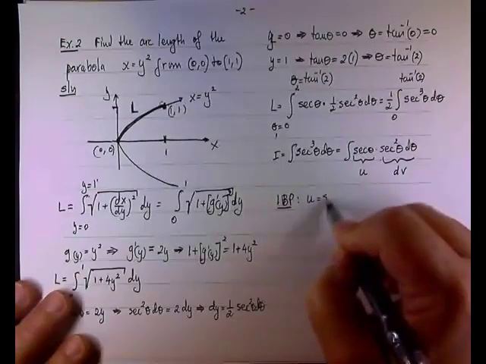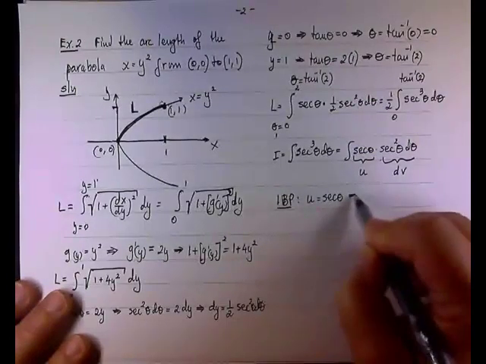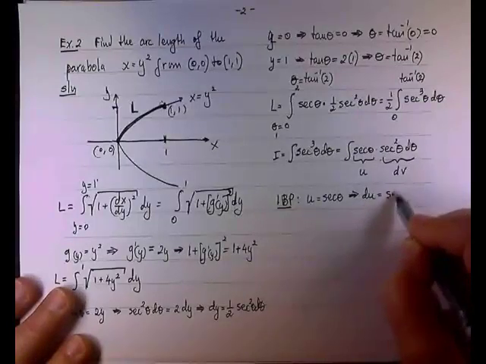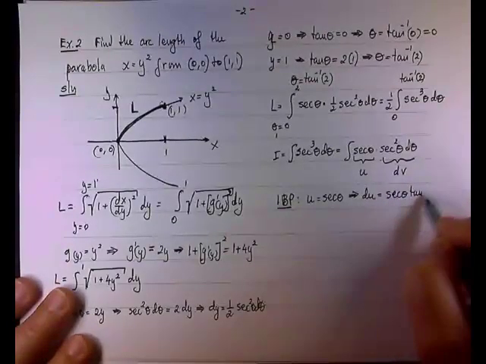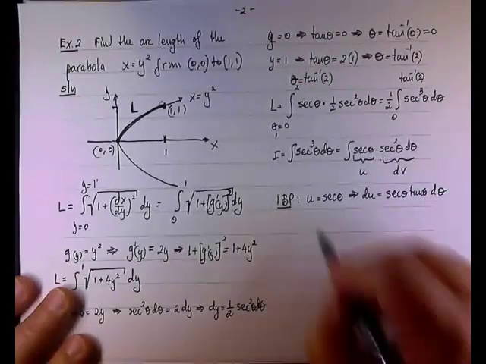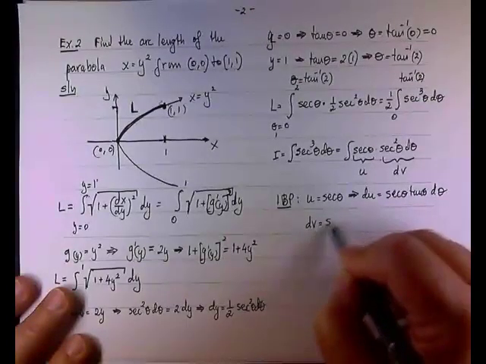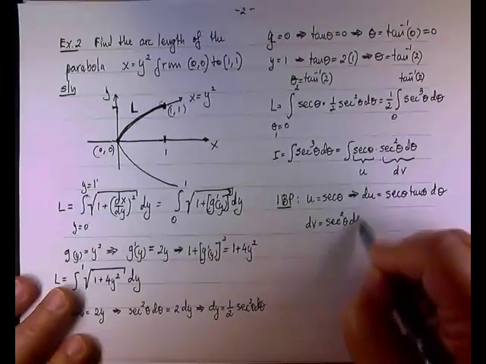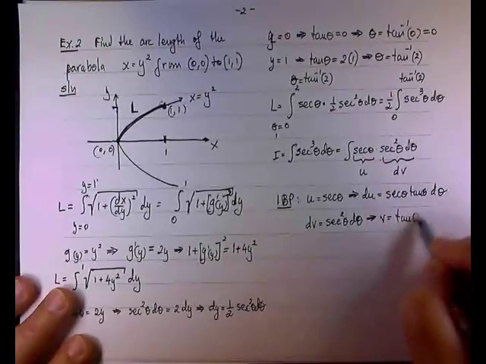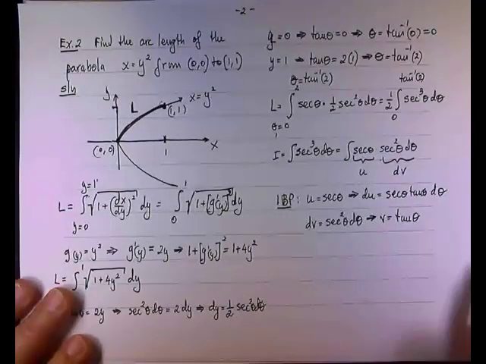So u equals secant theta, and therefore du will be secant theta tangent theta d theta. dv will be secant squared of theta d theta, and therefore v is simply tangent theta.